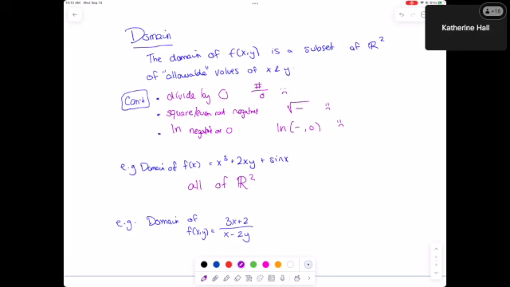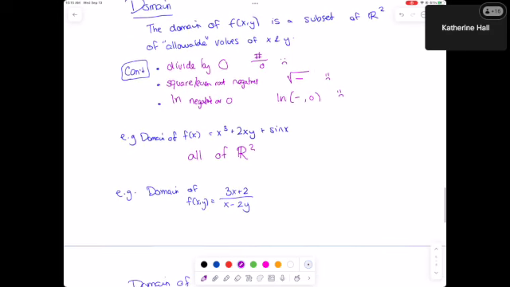How about the next one? What is the domain of 3x plus 2 over x minus 2y? Here I need to make sure the denominator is not 0. So I say x minus 2y is not equal to 0.